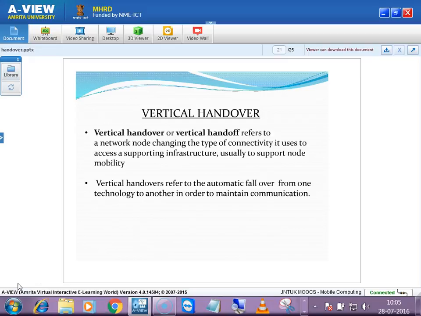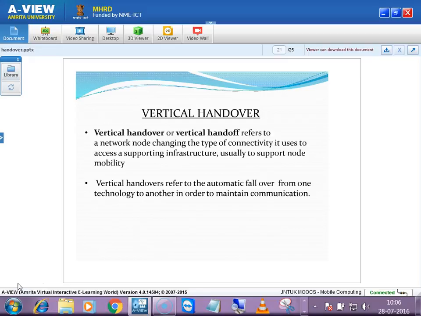I think it's clear. Vertical handoff refers to a network node changing the type of connectors to access a supporting infrastructure, usually to support node mobility. The only aim is to support the mobility. Vertical handoff refers to automatic fallover from one technology to another in order to maintain communication: to continue your call, your data services, and your multimedia services.